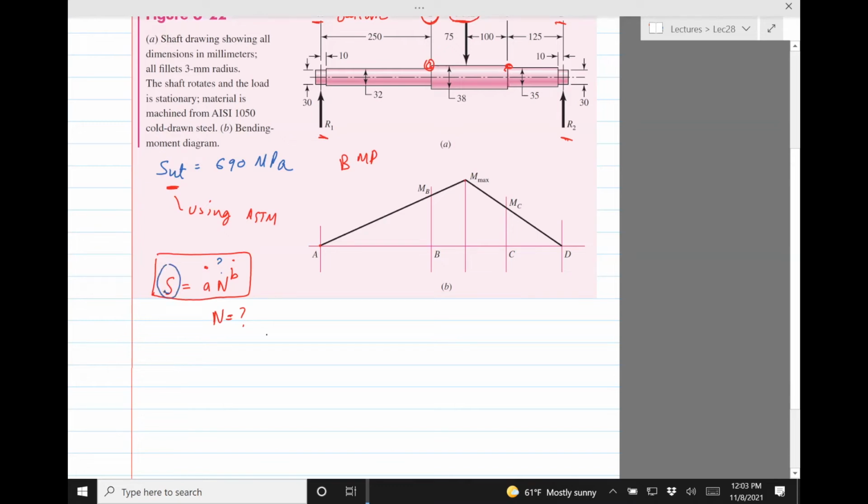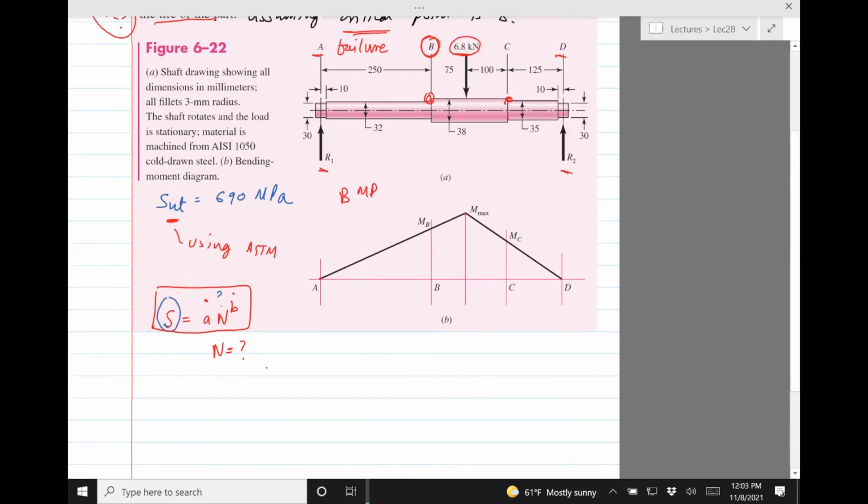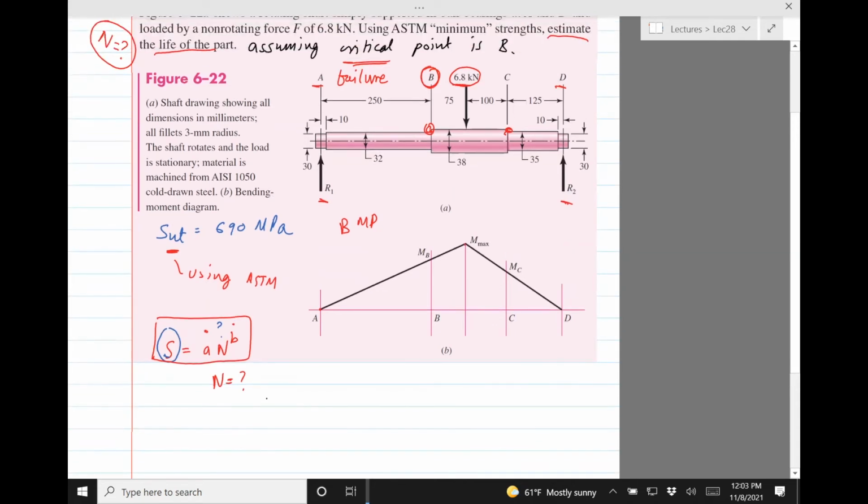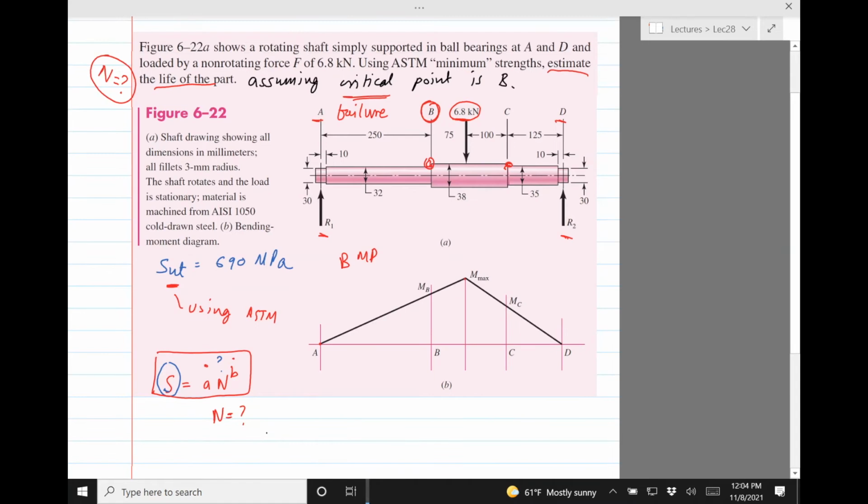S is the strength, which will actually come from that figure, from that particular problem. We want to find at what point is the most critical part of that specimen. And when we talk about strength, in this case the loads are predominantly normal stresses due to moment. So we look at the normal stress.